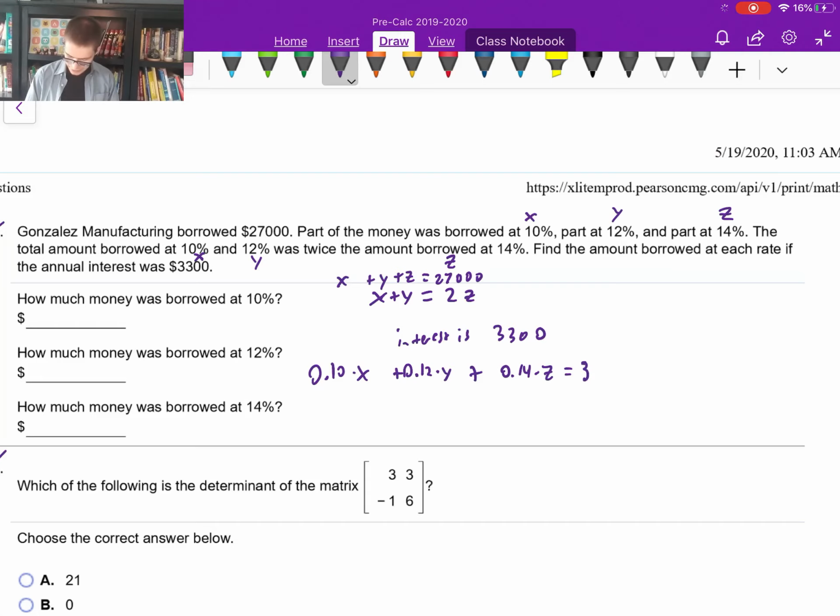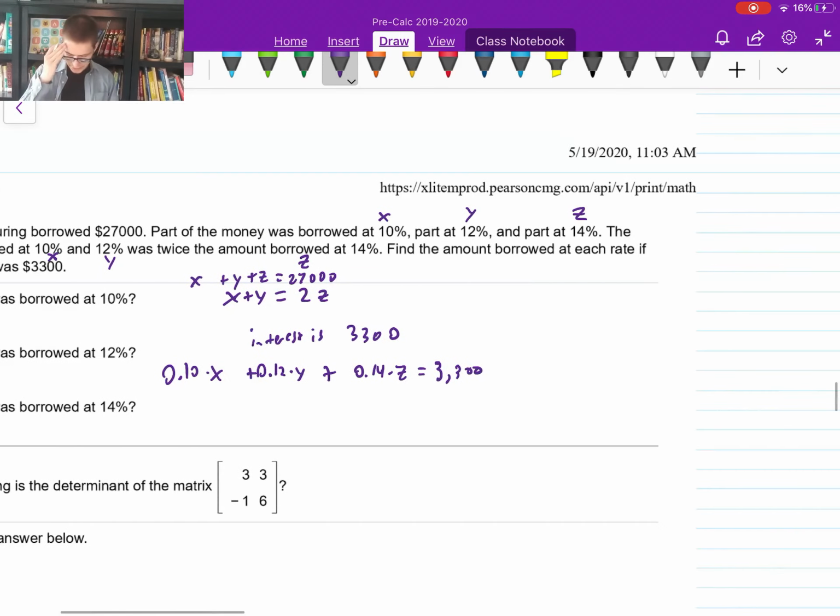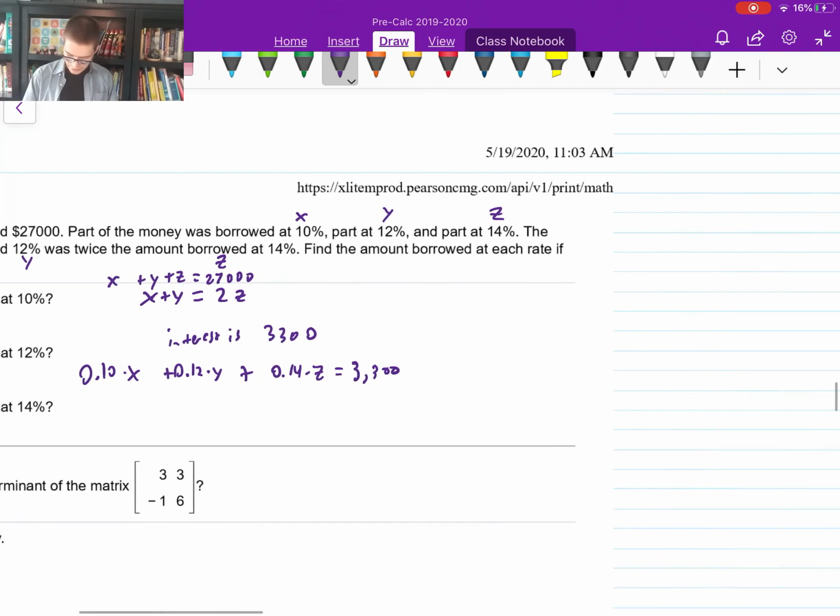Okay, so now we've got our three equations. We've got x plus y plus z equals 27,000, and we've got x plus y equals 2z, which is interesting, and we should move that over real quick. We should say that x plus y minus 2z equals 0.